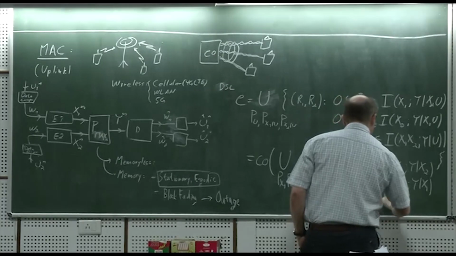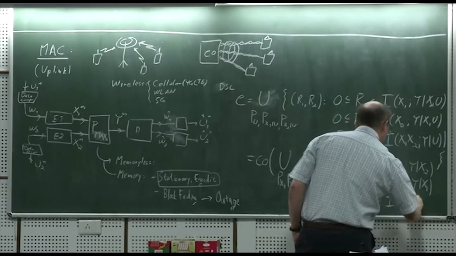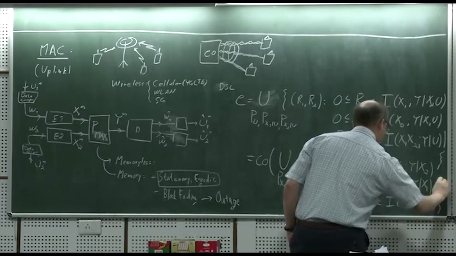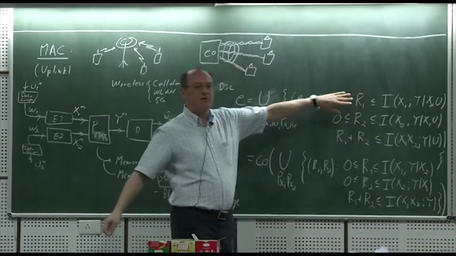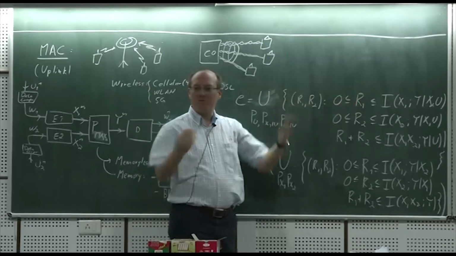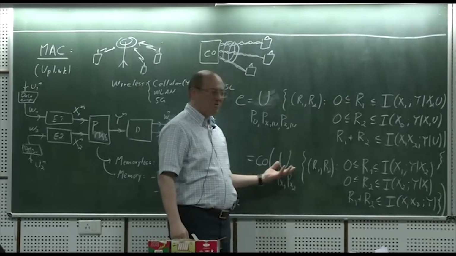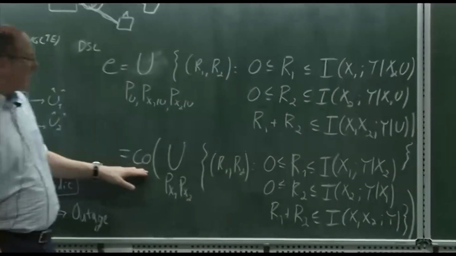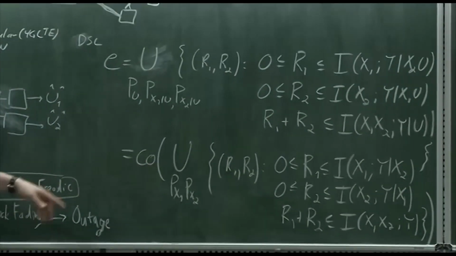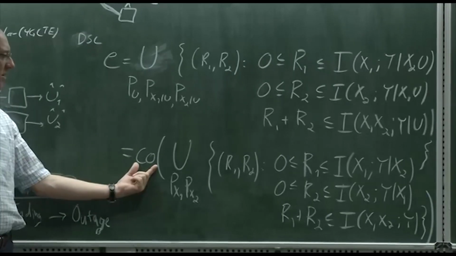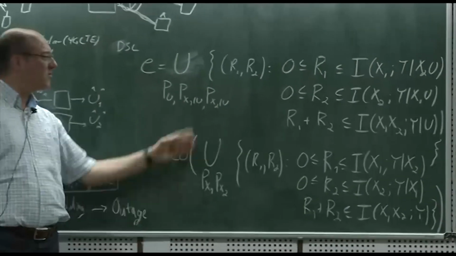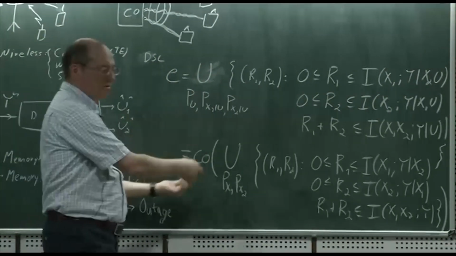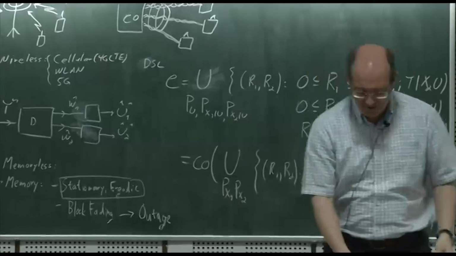Now usually that doesn't bother people, but I like the more explicit expression more because it's more explicit. Here the time sharing is a little bit hidden. And plus, like I mentioned yesterday, it can be misleading because for some problems doing convex hull rather than time sharing is worse. So this is always the better approach in general. I mean, sometimes you can write it like this, sometimes you can't.